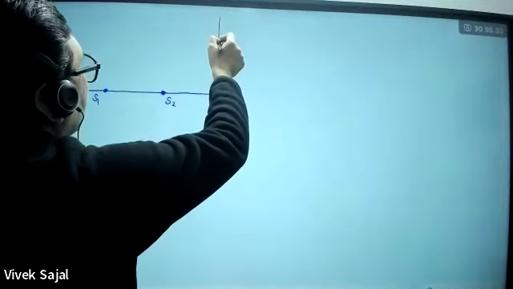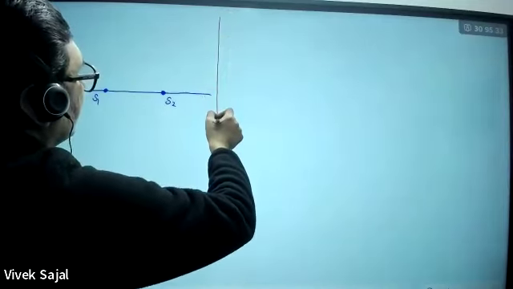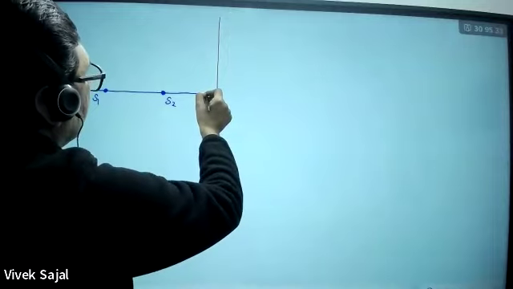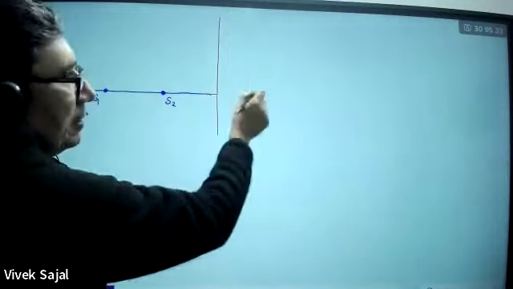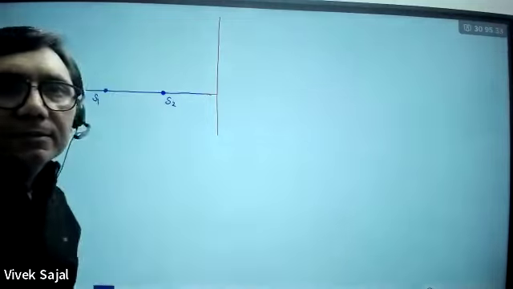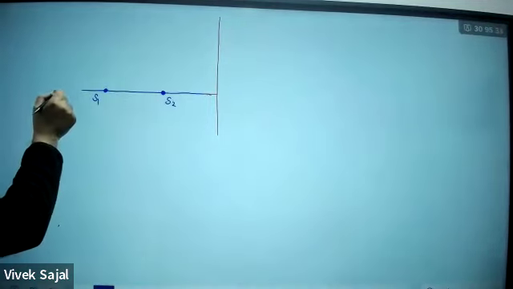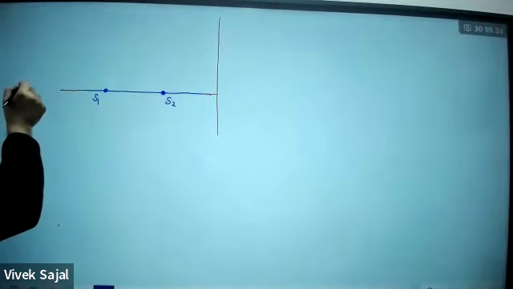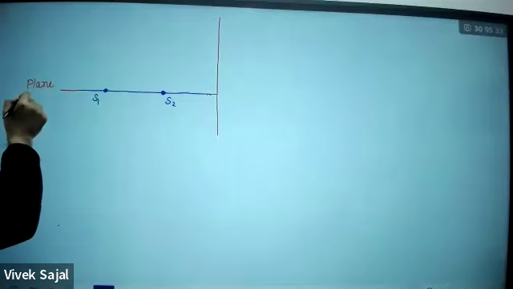I place the screen here. So what is this blue line representing? This blue line is representing the plane of the slits. This is plane of slits.